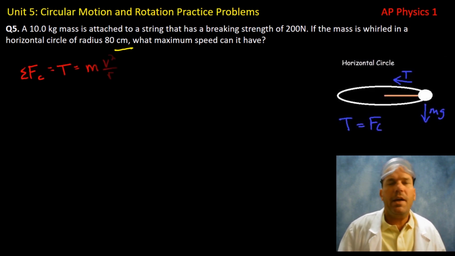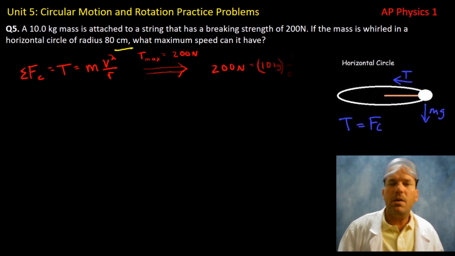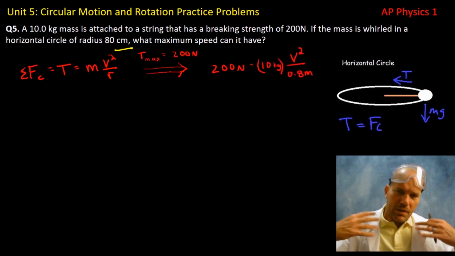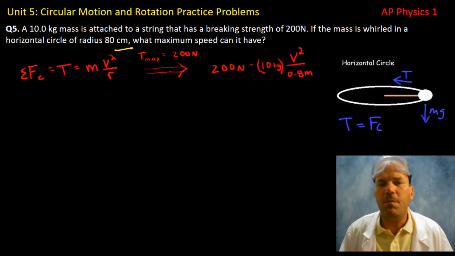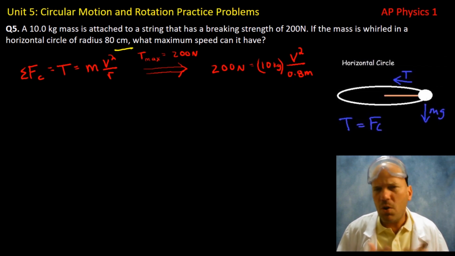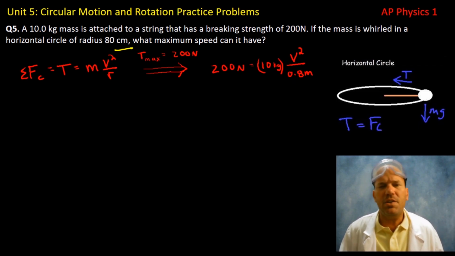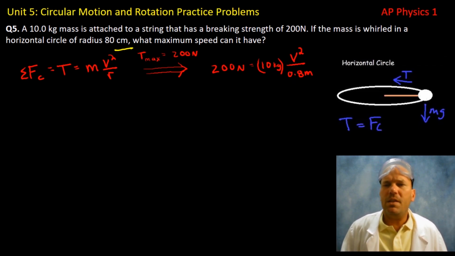So let's go ahead and sum the forces inward. The sum of those forces would be the force of tension. There are no other inward forces. Therefore, force of tension equals mass times the centripetal acceleration. We have our formula set up. We are asked for the maximum speed.